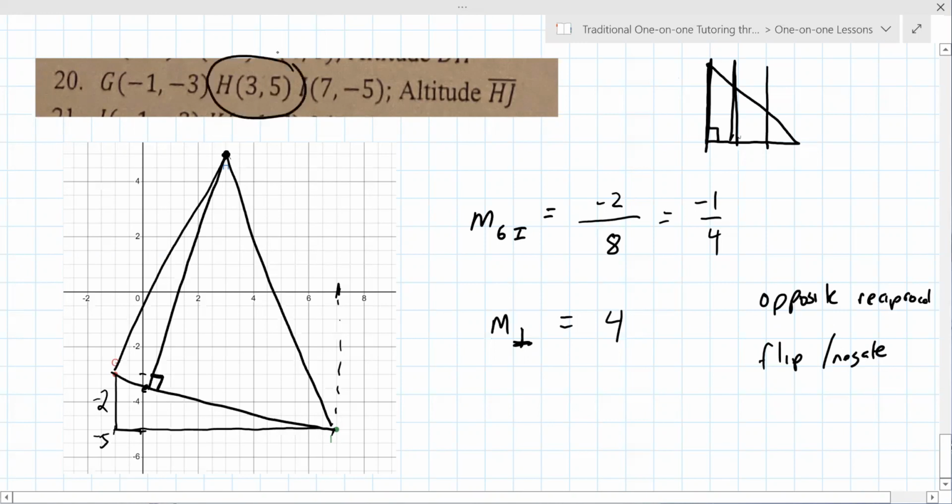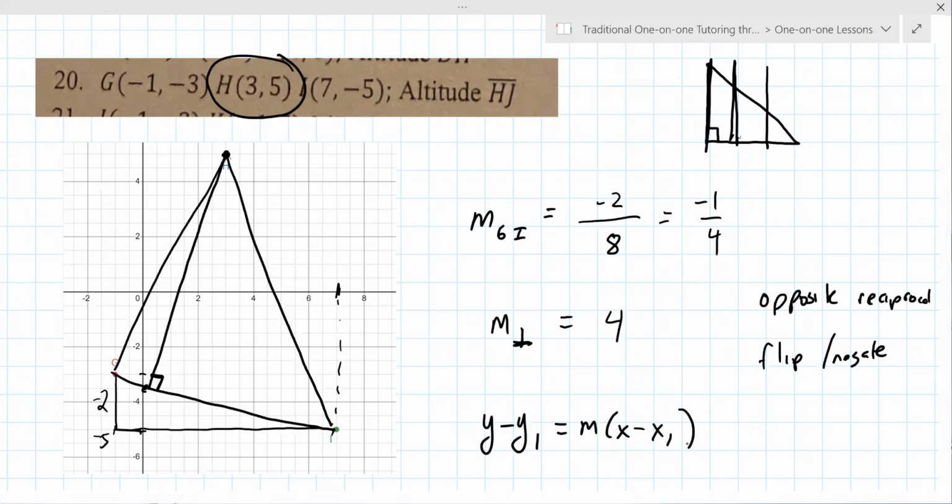There's point H, and so you have to write your equation: y minus y1 equals slope times x minus x1. I'm using H because it's in the altitude HJ.